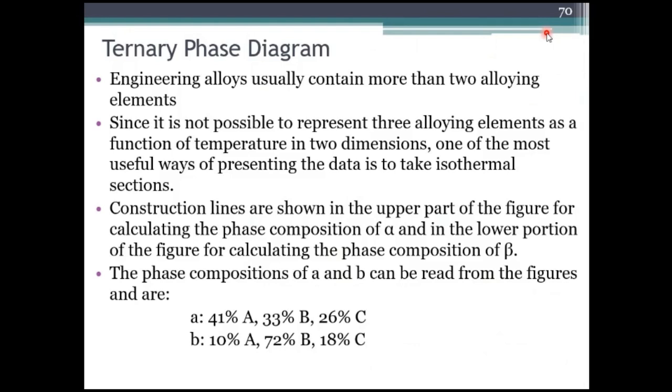The construction lines will be shown in the upper part of the figure, and the phase composition calculation will be shown in the lower part, like this. The construction lines are very important, and the phase compositions will have some percentage of A, B, C depending upon the structure diagram.